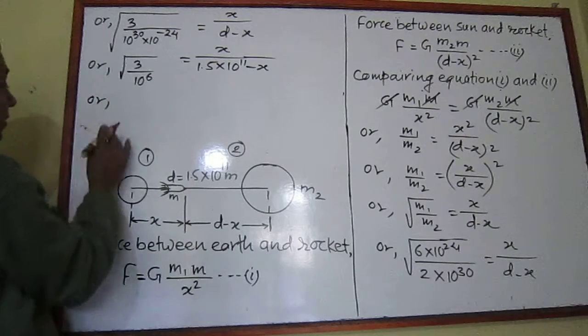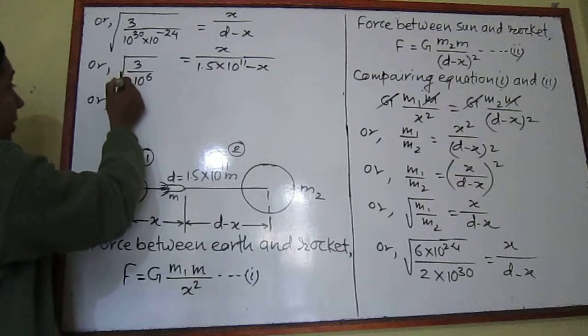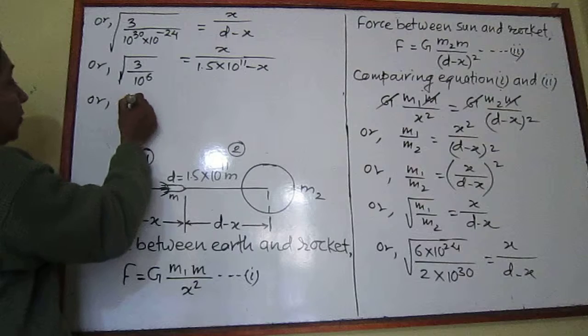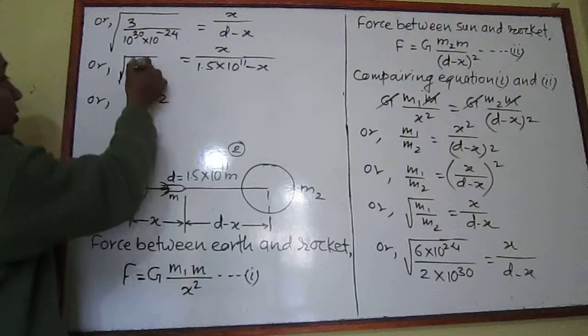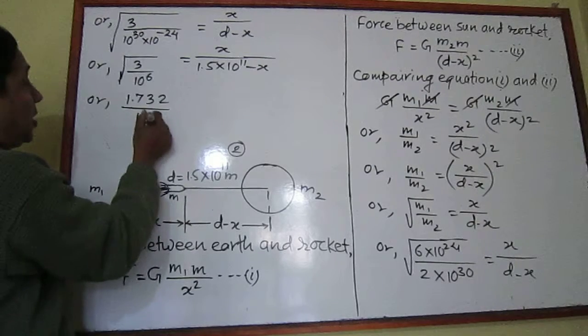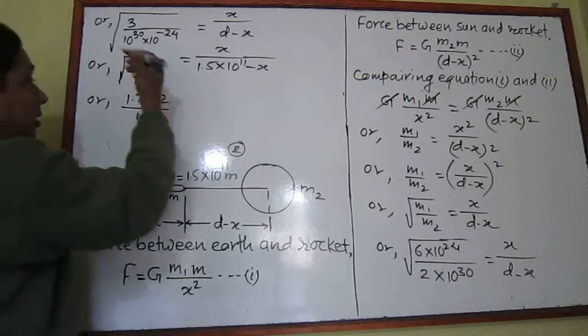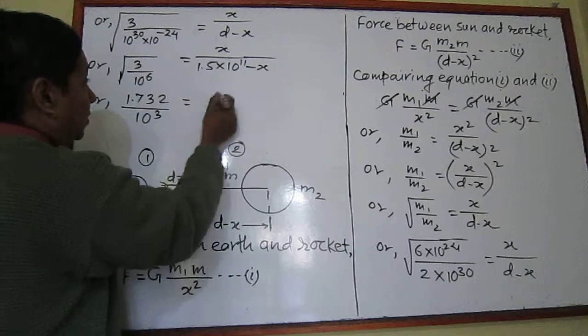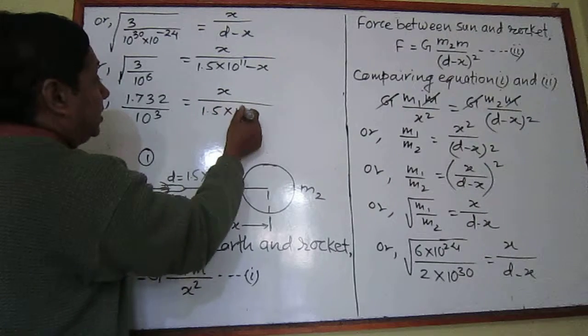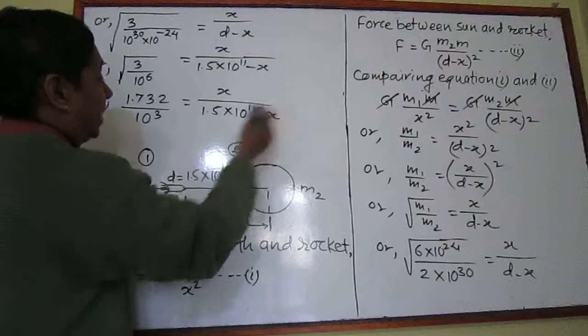If the root is removed, then we have 1.732, root 3, and 10 to the power 6 becomes 10 to the power 3. This is equal to x upon 1.5 into 10 to the power 11 minus x.